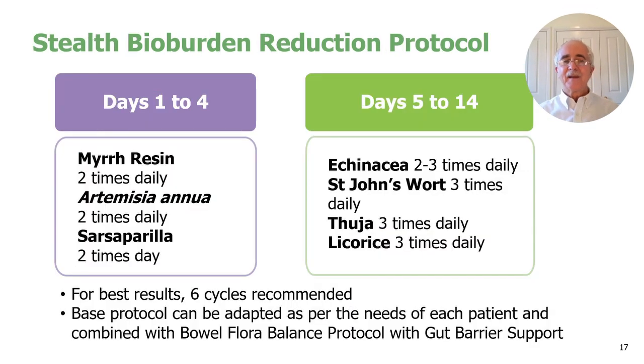Here's the stealth bioburden reduction protocol, and this is a fairly broad-based one. So on days 1 to 4, you're going to give myrrh and Artemisia annua as a source of artemisinin. They're the main things to do. Days 1 to 4. You're only doing it for 4 days because both those herbs you shouldn't take long-term continuously because of various side effect issues and loss of efficacy issues.